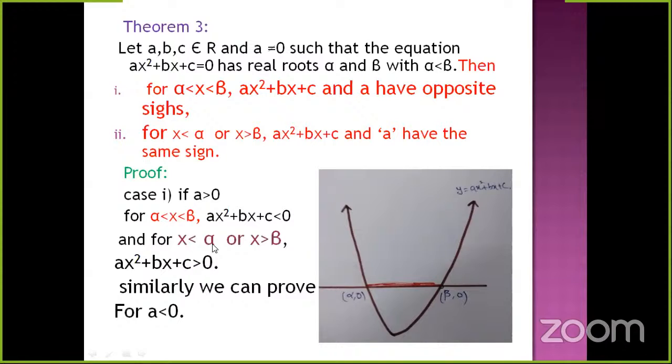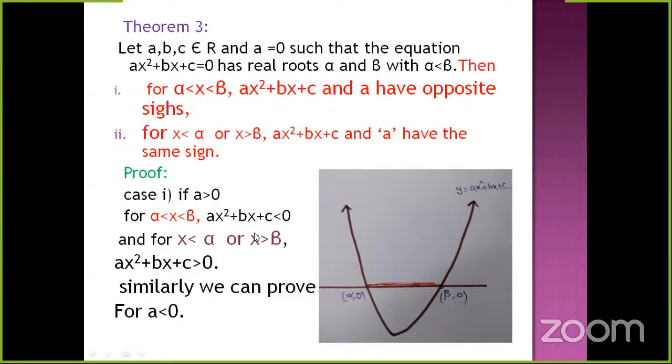And see the second condition, if x is less than alpha, that is in this direction, the x value will be from minus infinity to alpha. So if x is less than alpha, how is the curve forming? It is above the x-axis and going to infinity. So since the curve is above the x-axis, it is positive.